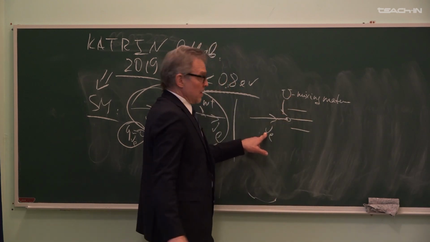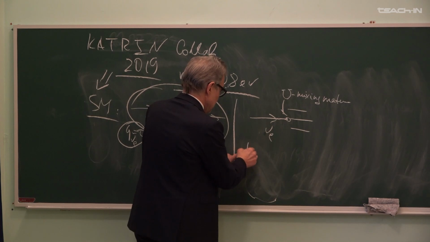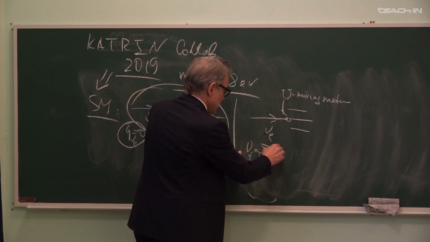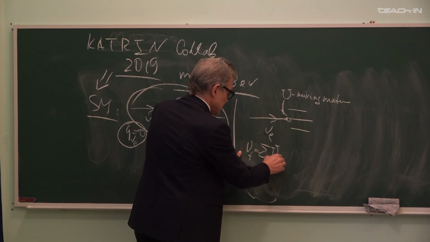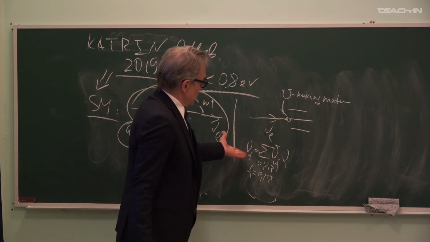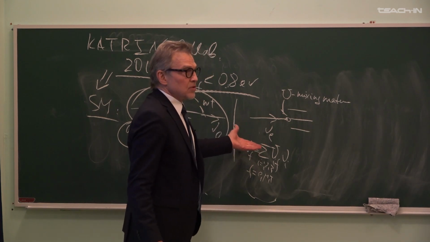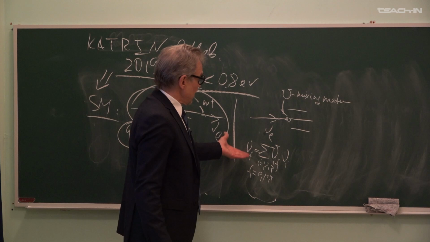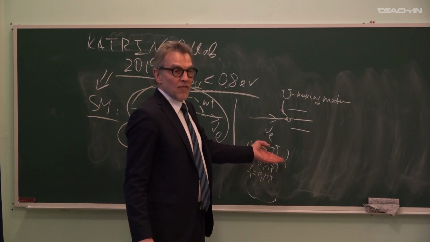So each flavor neutrino is a sum of the mass states of neutrinos, where f equals electron, muon, and tau, and i equals 1, 2, and 3. This is what we know about neutrinos, that each flavor neutrino is a superposition of the mass states.